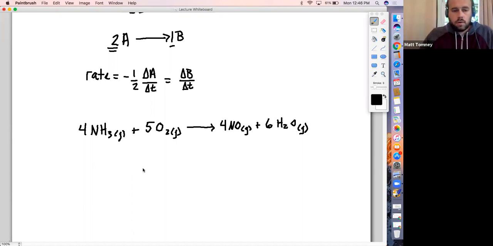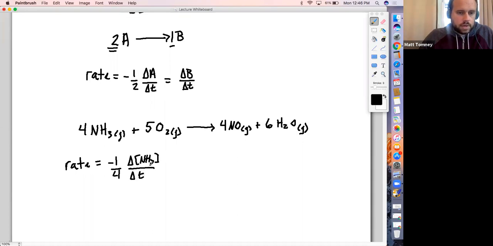All right. So the way that I could have expressed the rate in a situation like this, I could say that the rate is equal to negative 1/4 delta NH3 over delta t. So that's how I could express the rate relative to ammonia, okay? Or I could set the rate equal to negative 1/5 the change in concentration of molecular oxygen over a given period of time.